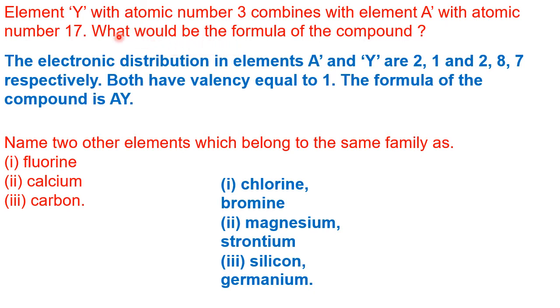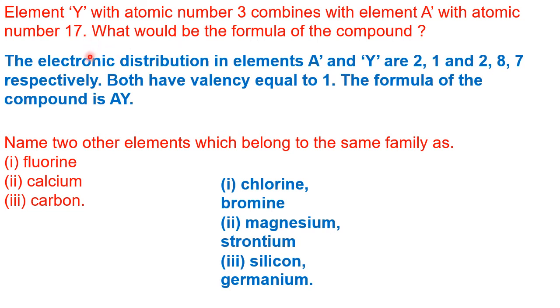A is what? 17, 2-8-7 wants to accept electron. Okay, so Y wants to give electron, A wants to accept electron, Y wants to donate only one electron, A wants to accept only one electron. So 1-1 electron transaction. So Y gives and A takes. So Y becomes 1 plus and A becomes 1 minus.